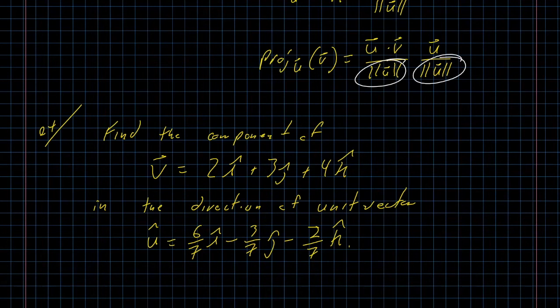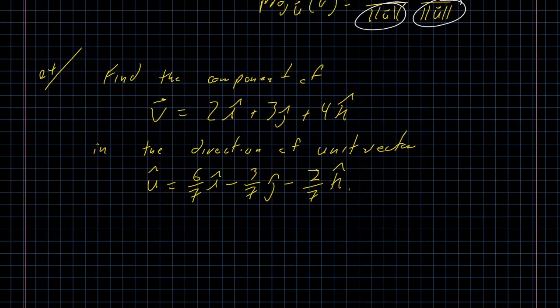Since it is, that's going to make our life really easy. We're going to simply take the dot product of u dot v and multiply it times vector u. That's all that this problem is asking us to do.